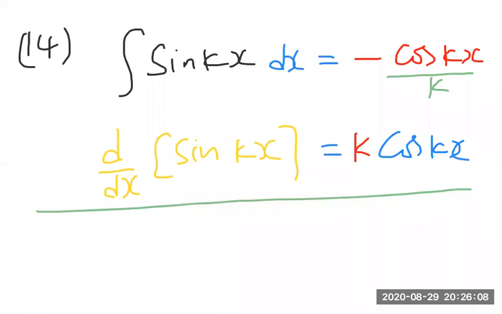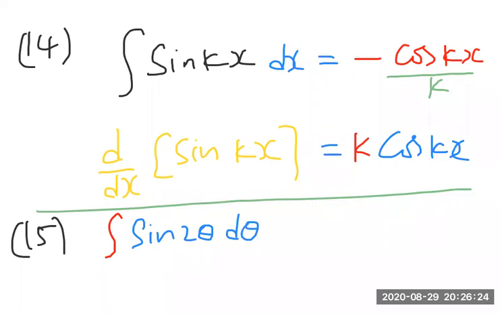Next one. To understand better, let me take one more example, the integral of cos kx dx, or otherwise sine only I will take. Let me take integral sine 2 theta d theta. Here we have taken with respect to d theta.